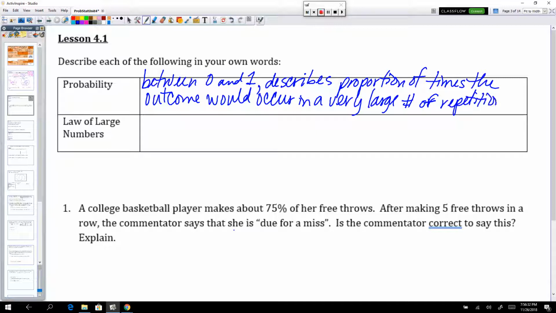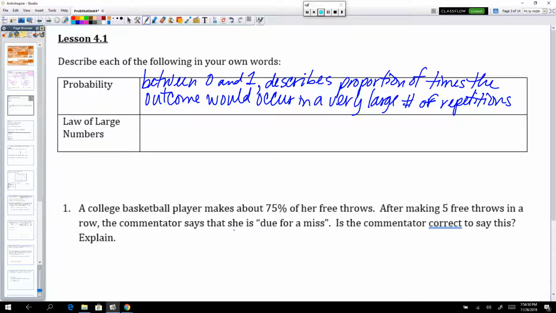The easiest way to talk about this is flipping a coin, right? It's the most basic thing to talk about. If you flip a coin, what are your chances of getting a head and what are your chances of getting a tail? 50% to get a head, 50% to get a tail, or 0.5 probability to get a head, 0.5 probability to get a tail.